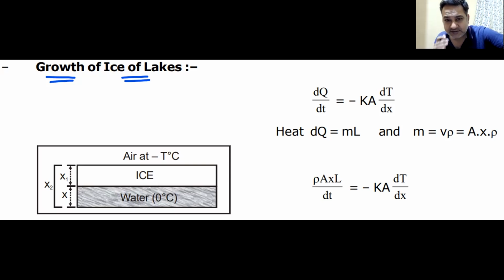When the temperature decreases from 4 to 0 degrees Celsius, the volume of water does not decrease, the density of water does not increase, the density of water decreases, and that is why lakes always freeze from top to bottom. Remember this, lake always freezes from top to bottom because of anomalous expansion of water. Please note it down.